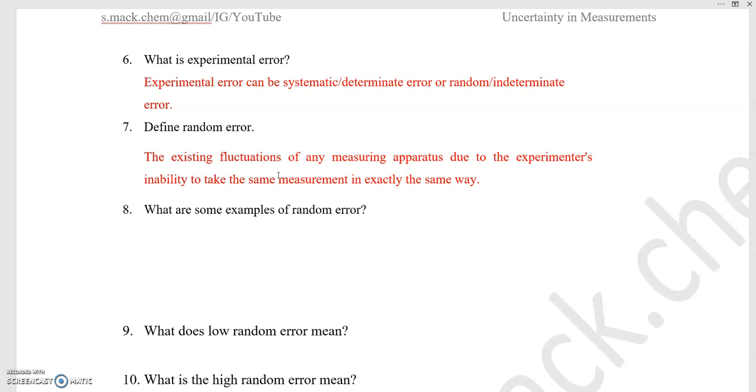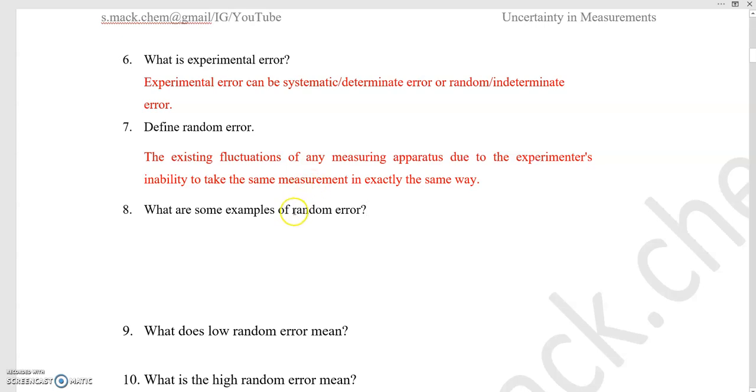So any fluctuation or differences in your experimental values can result from a random error, where this random error is inherently due to the experimenter himself or herself, where there's an inability to take the same measurement twice in exactly the same way.